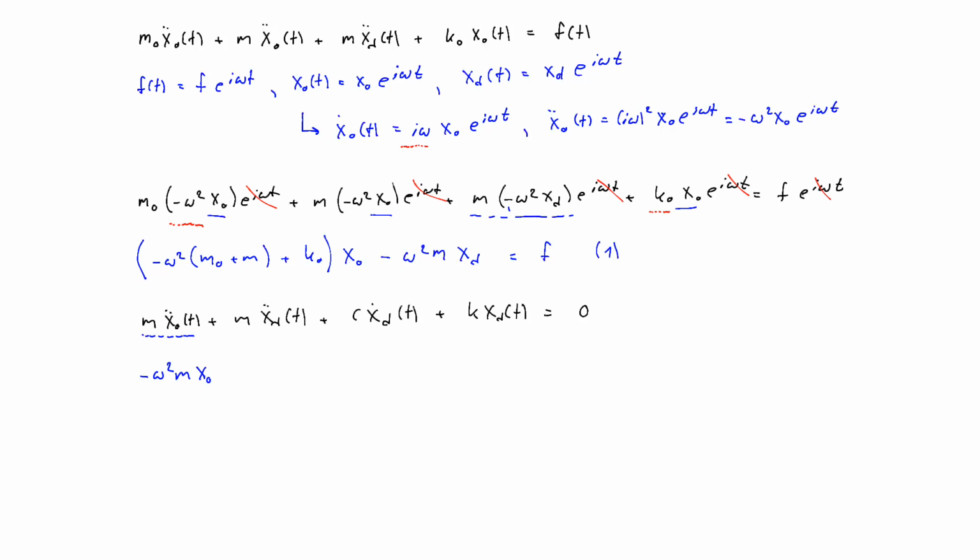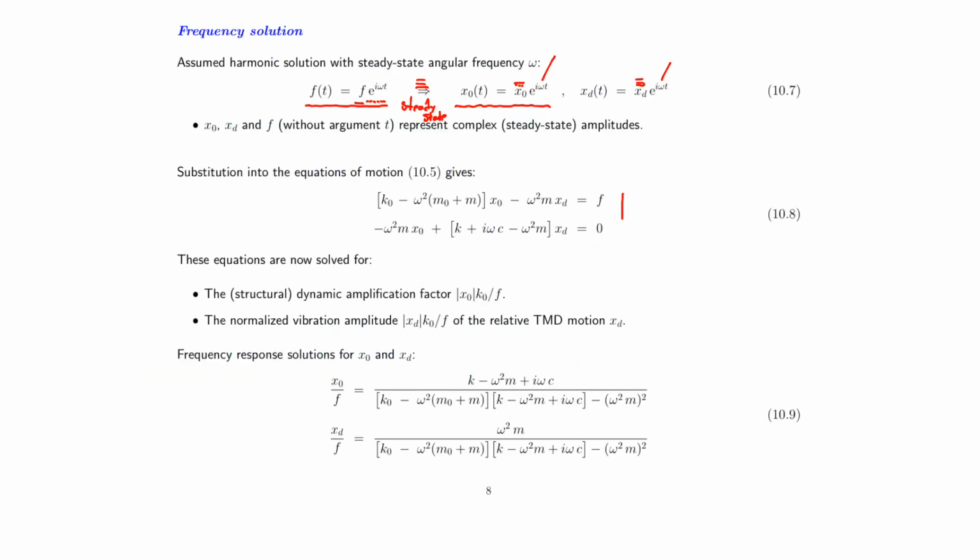And then we have three terms with xd, that means I make a parenthesis, and the first term is an acceleration term, the second term is a damping term, and the third term is a stiffness term, xd equal to 0. So it's really fast to go from the time domain into the frequency domain once you know how it works. And this provides us with these two frequency domain equations in equation 10.8.